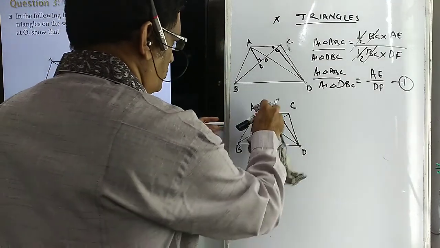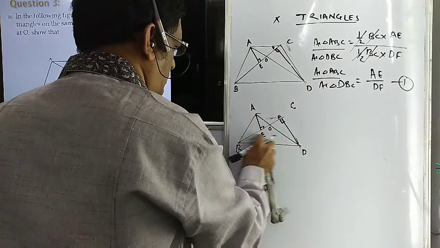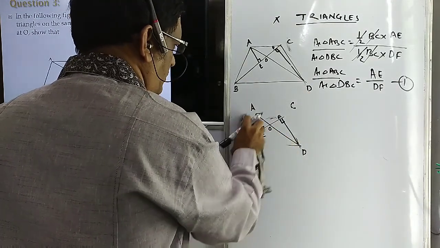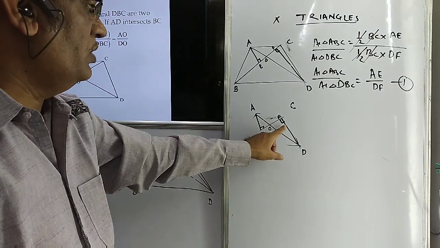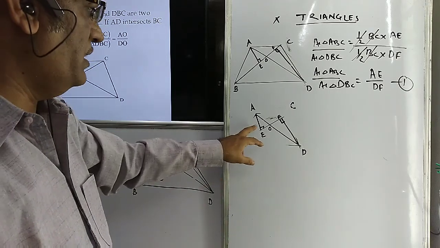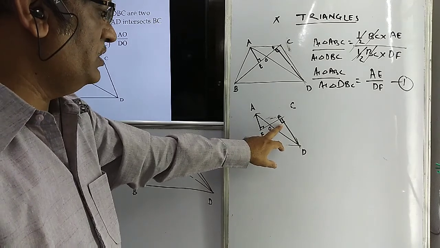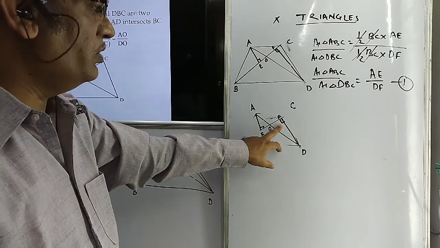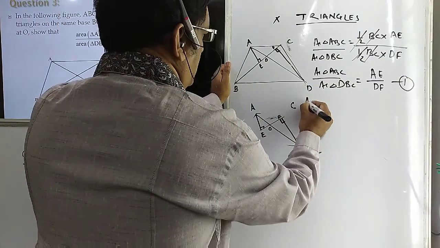We consider these two triangles and we try to prove that they are similar. Triangle AEO and triangle DOF.